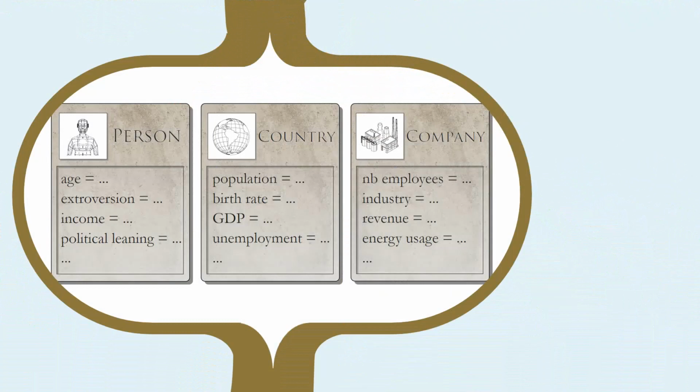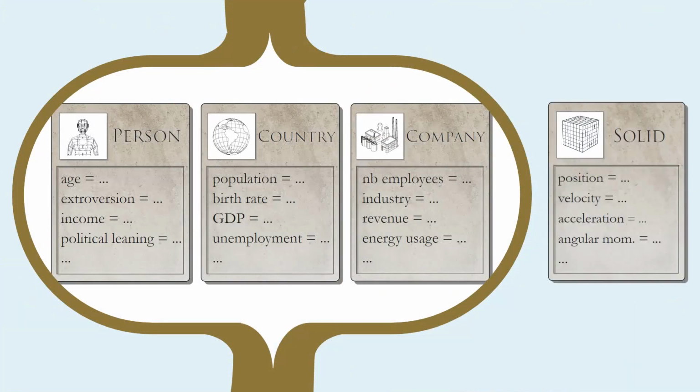There is a crucial difference between the agents in social systems and the agents in physical systems. While we know the exact behaviour rules of the physics agents, we do not know the behaviour rules for the social agents. Well, in some cases, we know the exact rules. For example, we know that the age of a person increases by 1 each year.